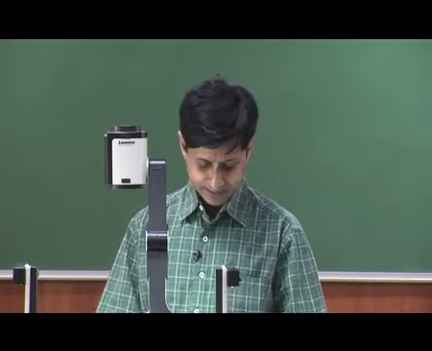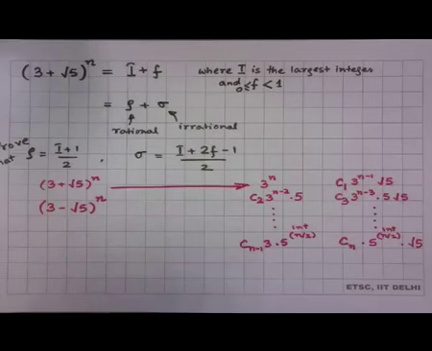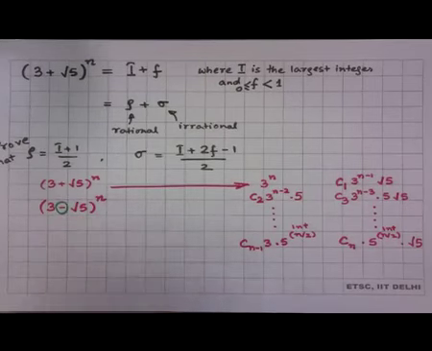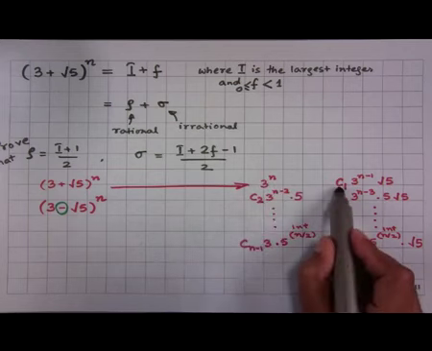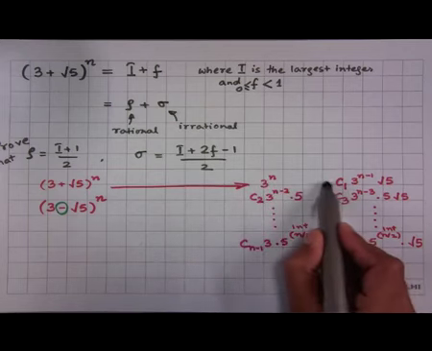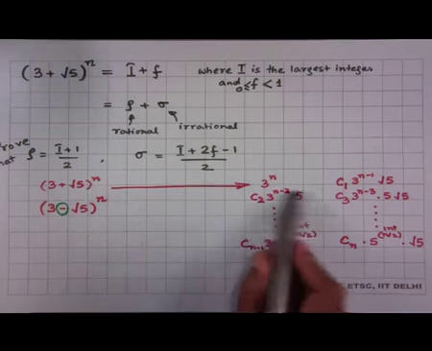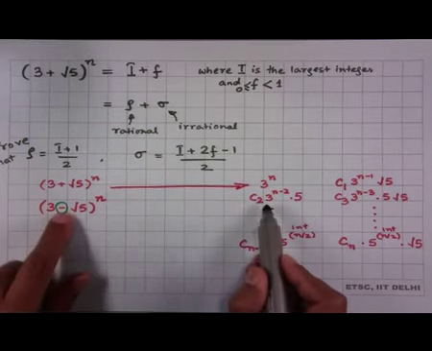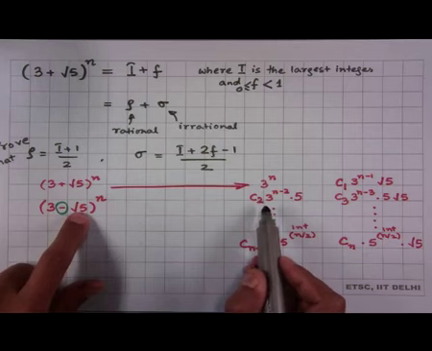Now, if I did 3 minus root 5 whole power n, what would have happened? 3 power n, and then over here I would have gotten a minus sign. Then the next one, this term would have been the same, because I would have chosen 2 of the root 5s. So, root 5 squared minus root 5 whole squared is 5.